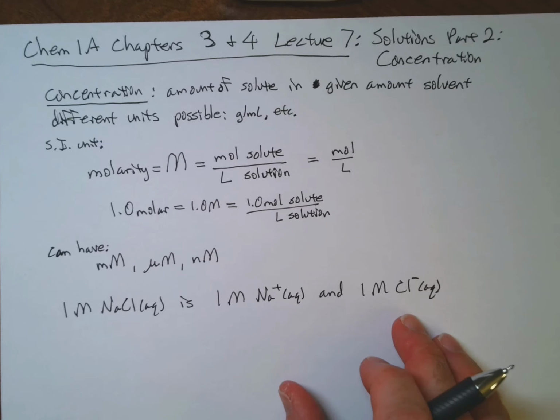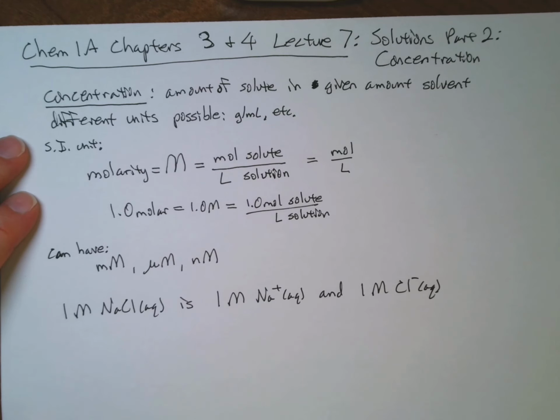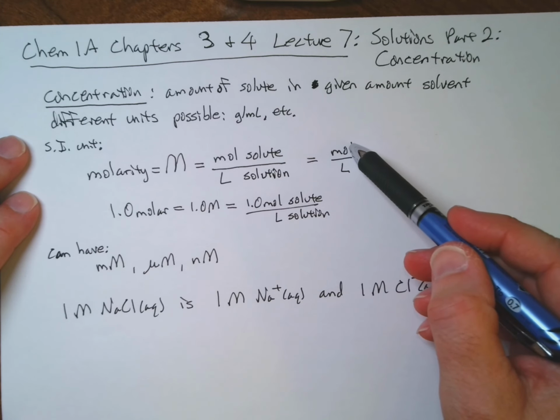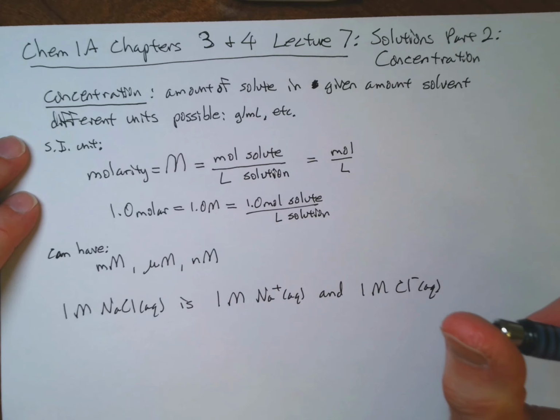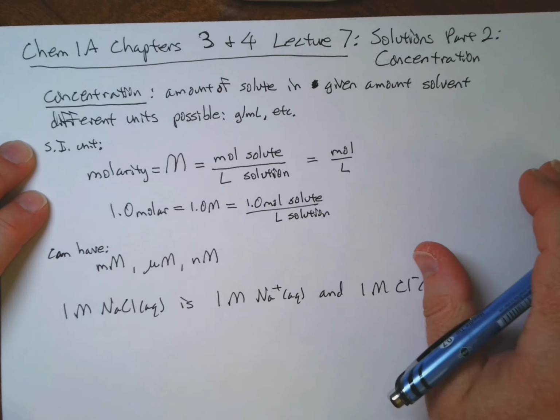Now we can use concentration and volume to get moles. So we could do calculations. If we know our concentration, our molarity, and we've got our volume, we can get moles. So let's look at the following.